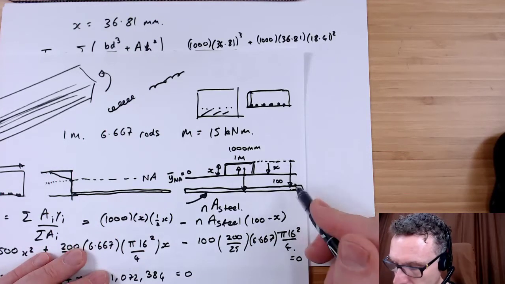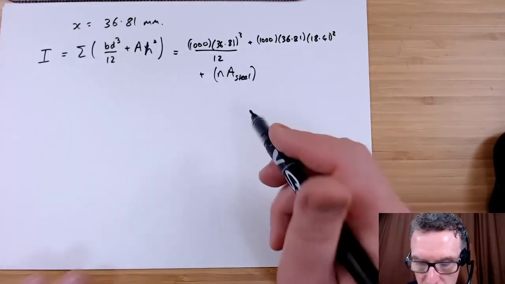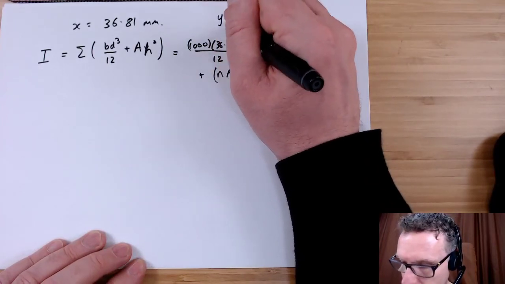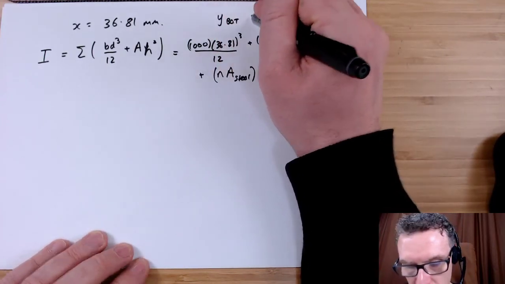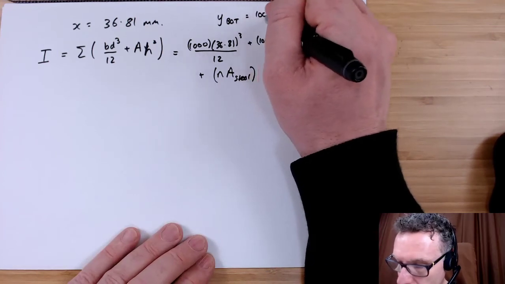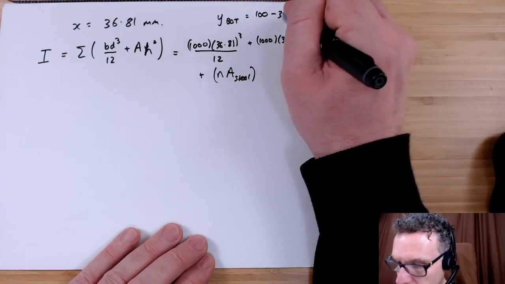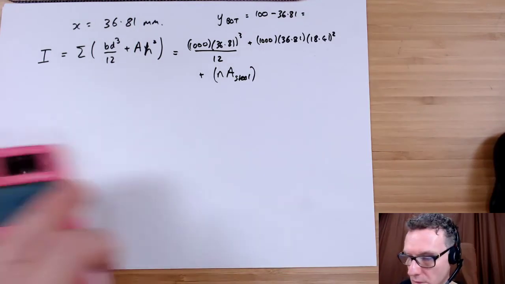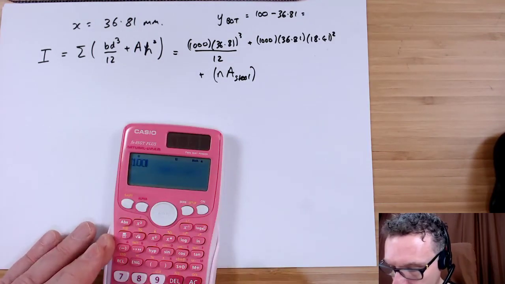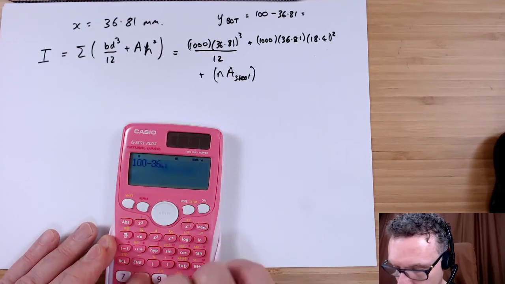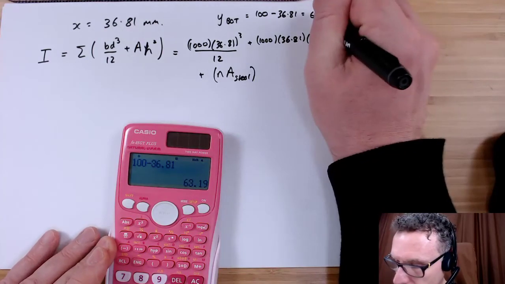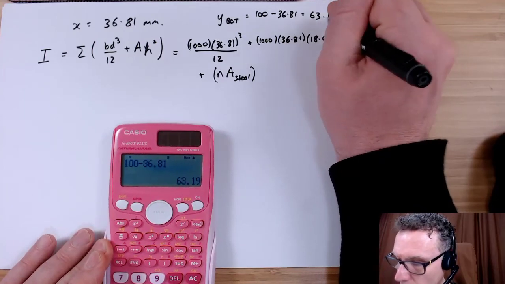Right, so that's 100. So the distance to the bottom is going to be 100, take away 36.81. So we've got 100, take away 36.81. So that's 63.19.